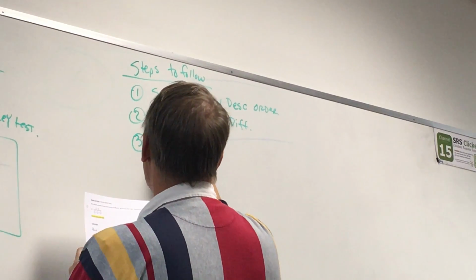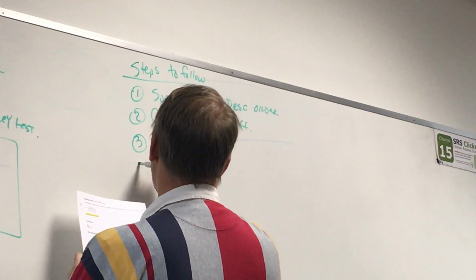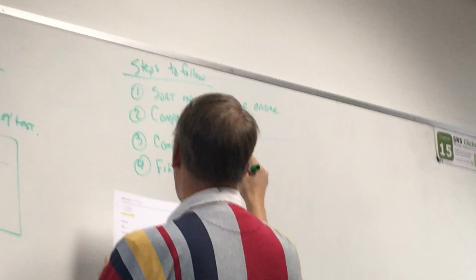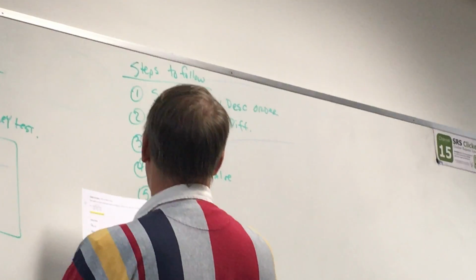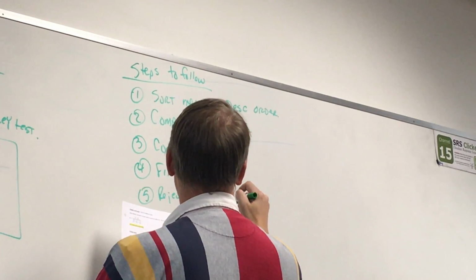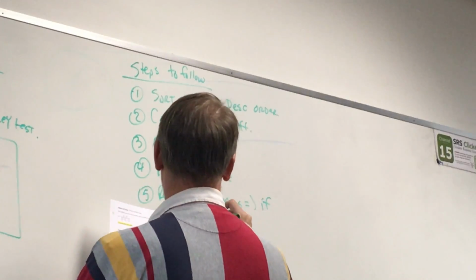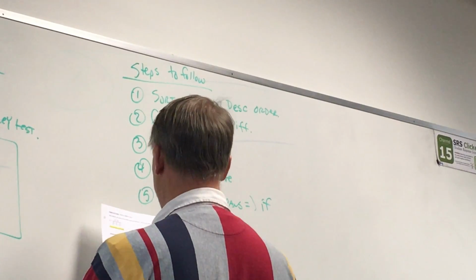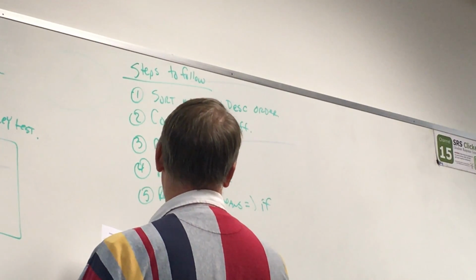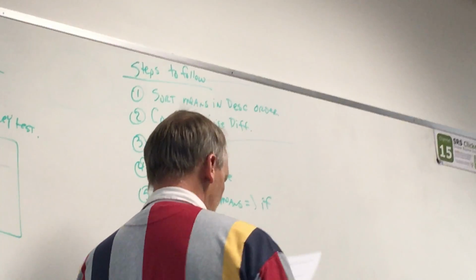Number 3, I want to compute Q sub 0. Number 4, I want to find the critical value. Number 5, I'm going to reject the null, where the null means that the means are equal, if Q naught is greater than Q. And 6, I'm going to repeat for all pairs. Okay?